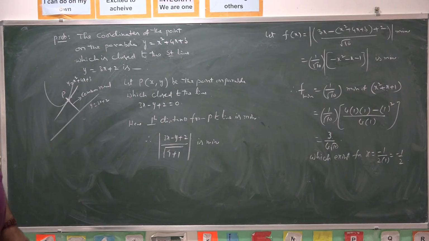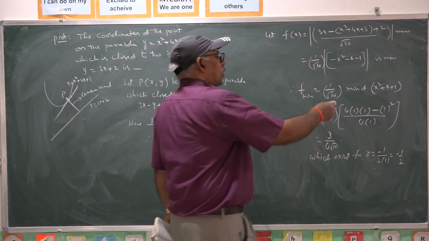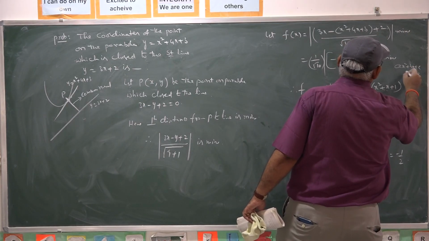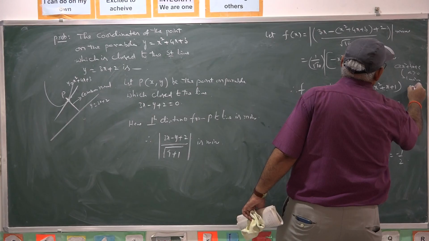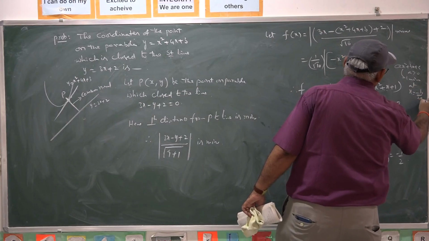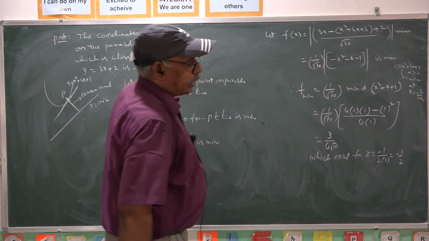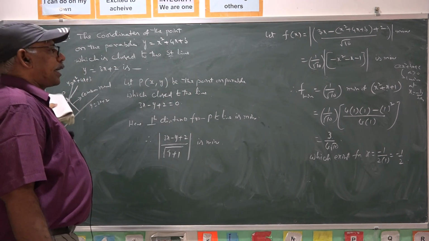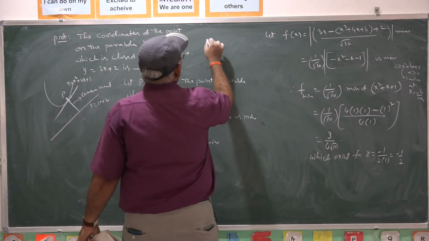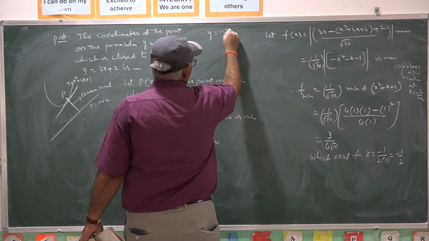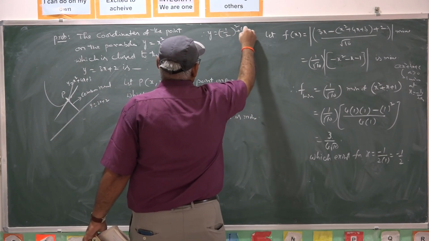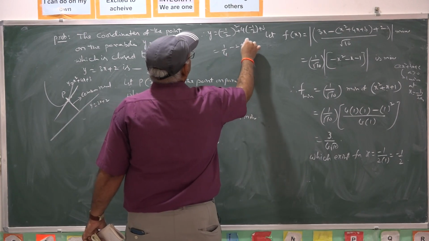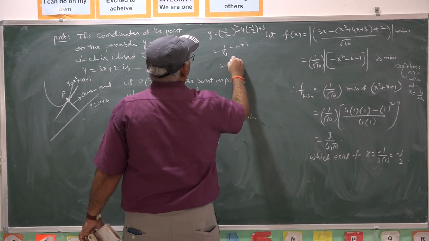For the quadratic ax square plus bx plus c, once a is greater than 0, it takes its minimum at x equal to minus b by 2a. Based on that, I am getting the x value. Once x is known, you can find y, because (x, y) lies on the parabola. So y takes the value 1 by 4 plus 4 into minus 1 by 2 plus 3, which is 1 by 4 minus 2 plus 3, so 5 by 4.